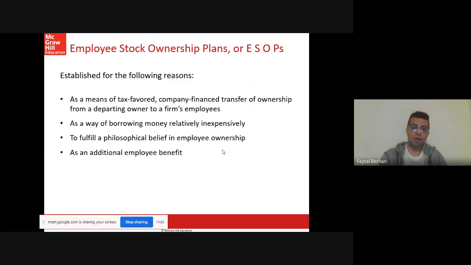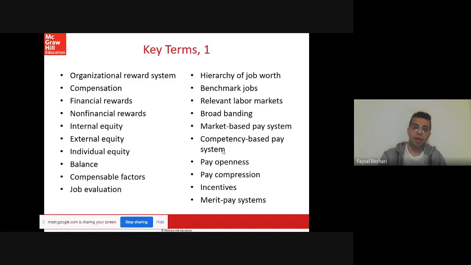It also fulfills a philosophical belief in employee ownership: when you feel you own part of the company, you do better. And it's looked at as an additional employee benefit.